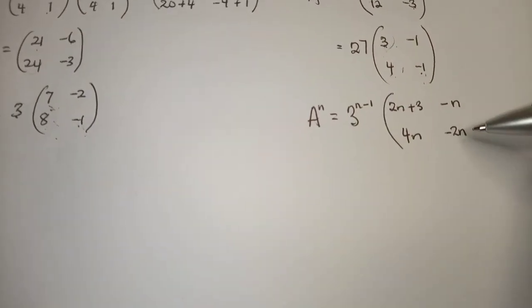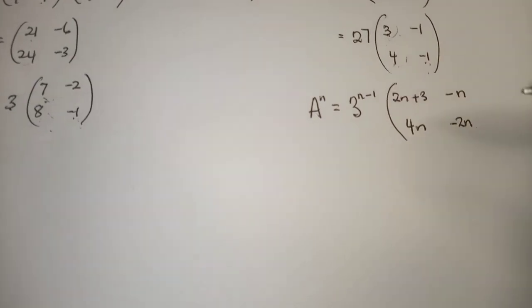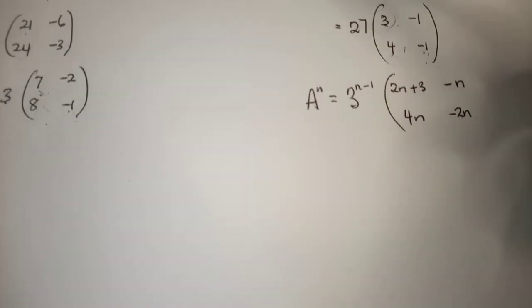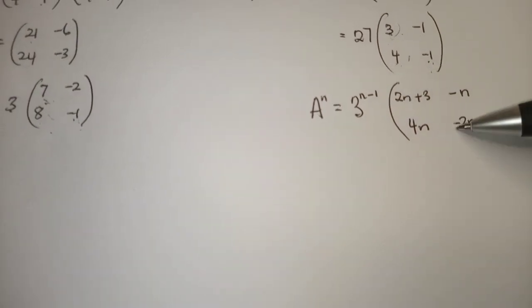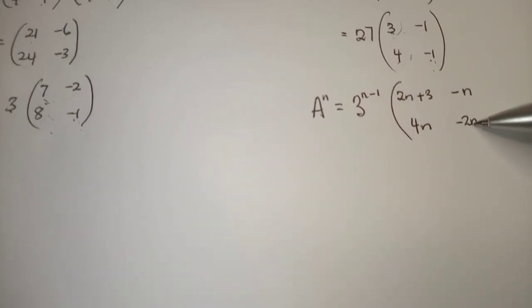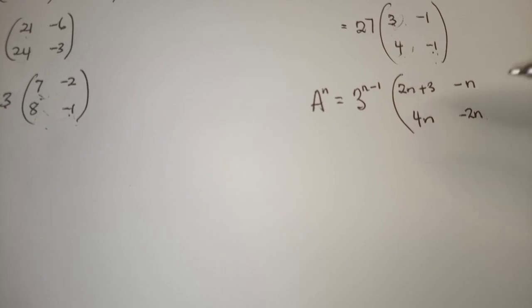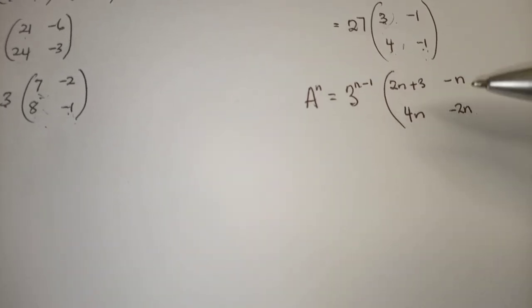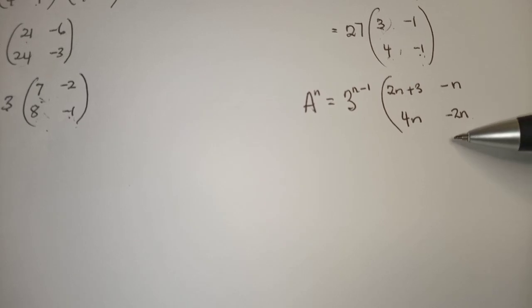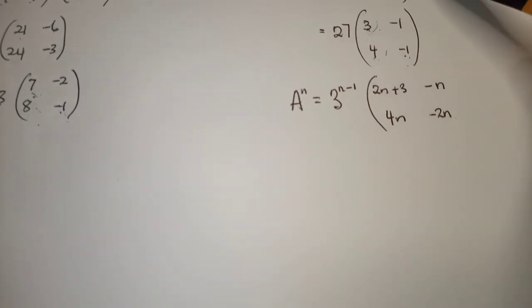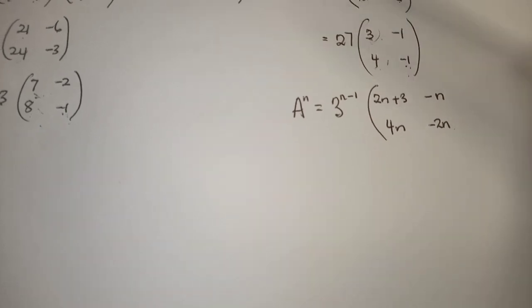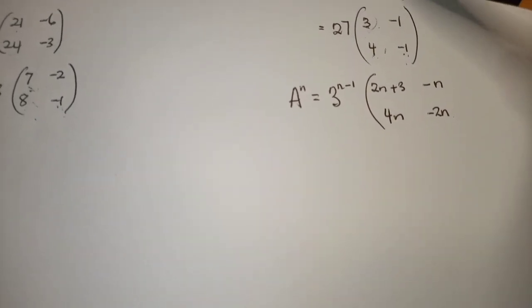But when you put -2n there, putting 3 inside this, we get -2 times 3, which will be -6. And -6 does not satisfy our value here, so it wouldn't work.